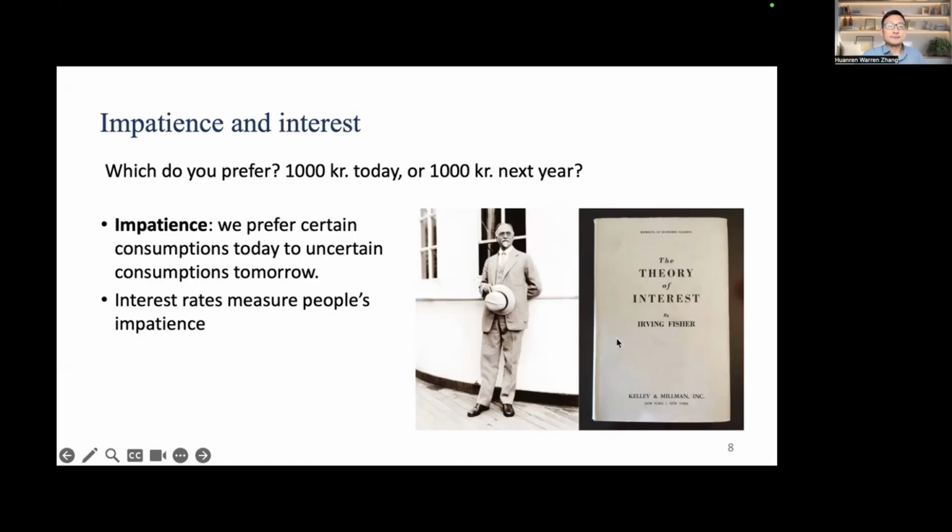So it's interesting to observe that the concepts of interest are not well received in all cultures. Even though we probably understand that being impatient is human nature, so that in order to induce people to save money, you have to give them something back, which would be the interest you pay them.